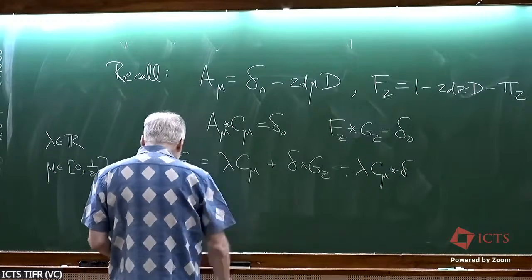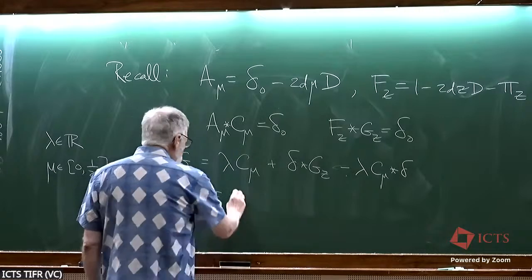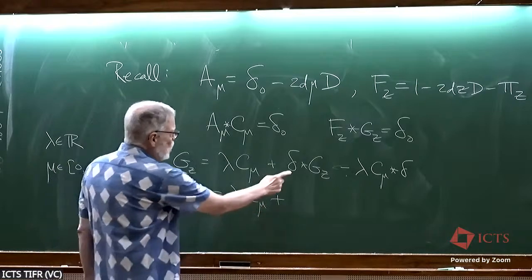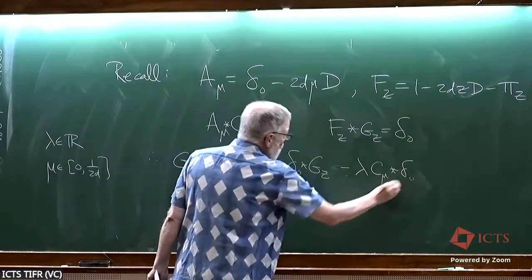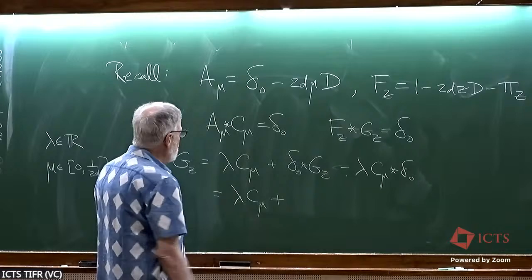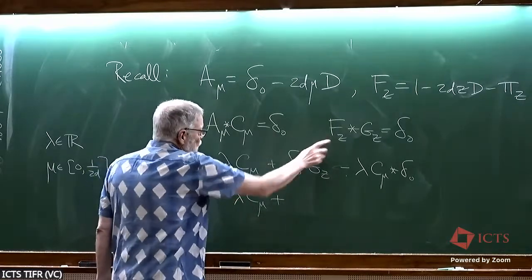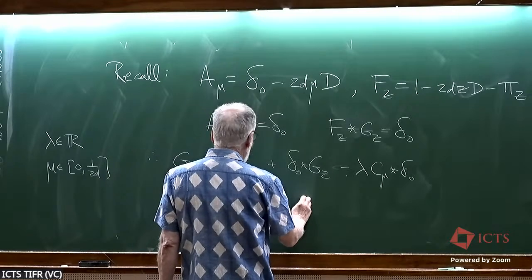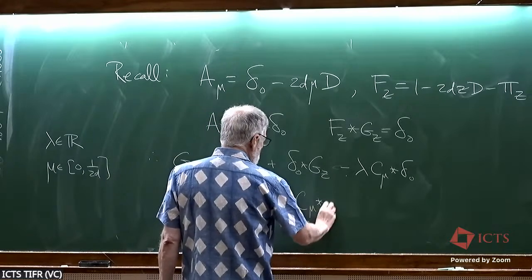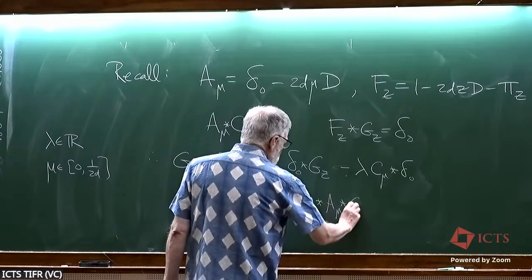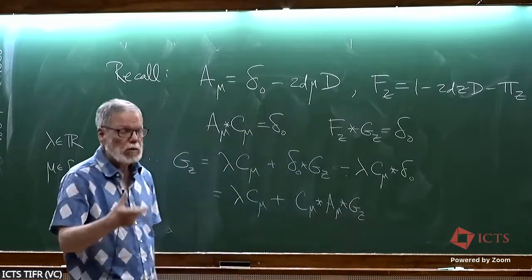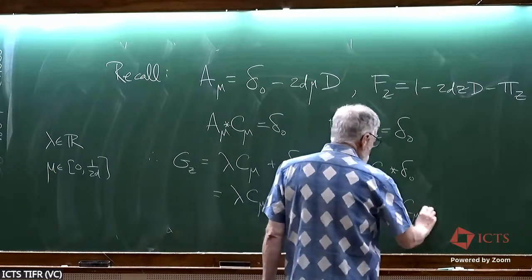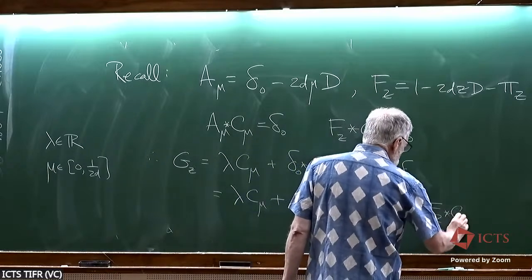But I'm going to now replace these two deltas, these are delta zeros, by one or the other of these convolutions. So it's going to be c_mu star a_mu star g_z. Convolution is commutative, minus lambda c_mu star f_z star g_z.